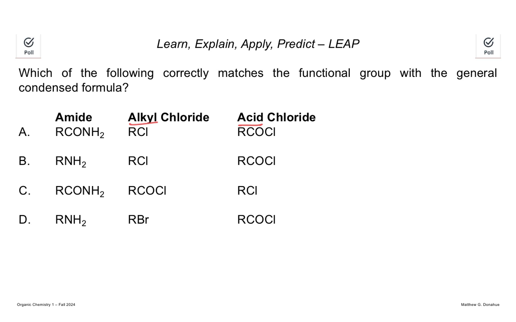I think I heard an A. What can be confusing about reading RCONH2 is that you have to expand that into the Lewis dot form. So that would be R. That's what CO means, carbonyl. And then NH2.